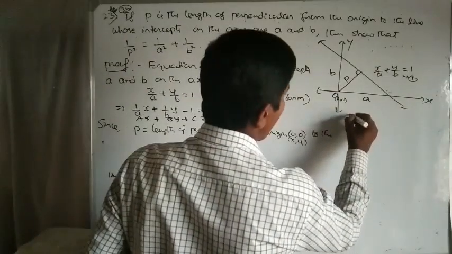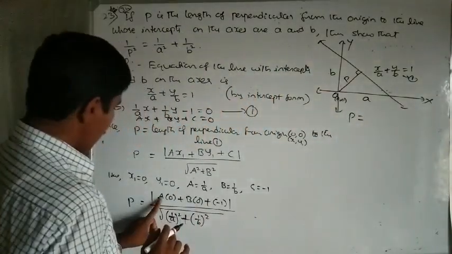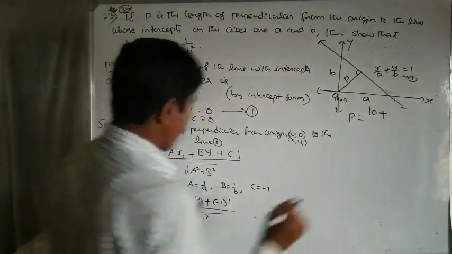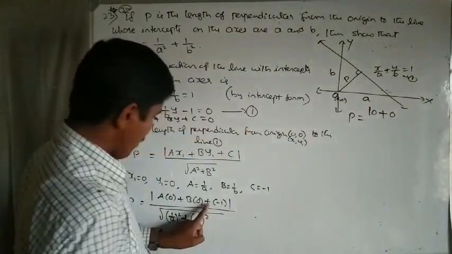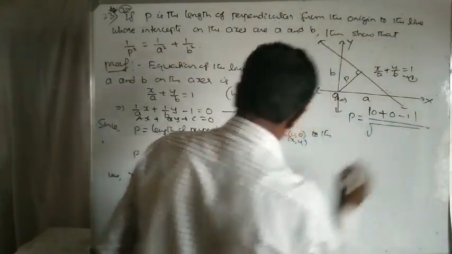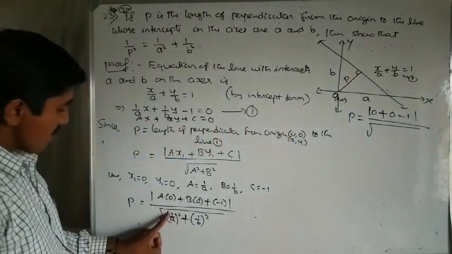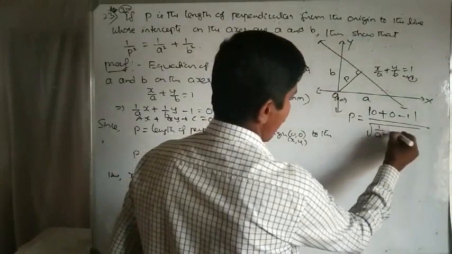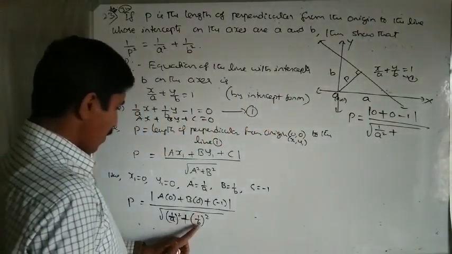Then p is equal to the modulus of (a into 0 plus b into 0 plus minus 1) divided by the square root of (1 by a) whole square plus (1 by b) whole square.